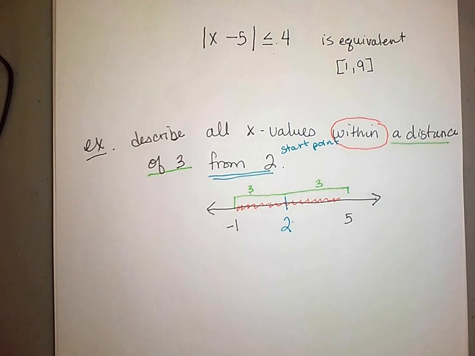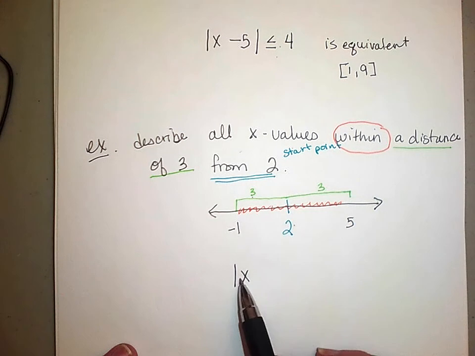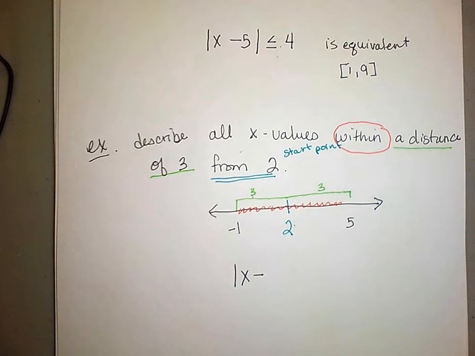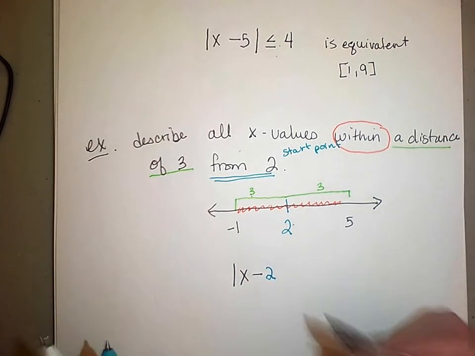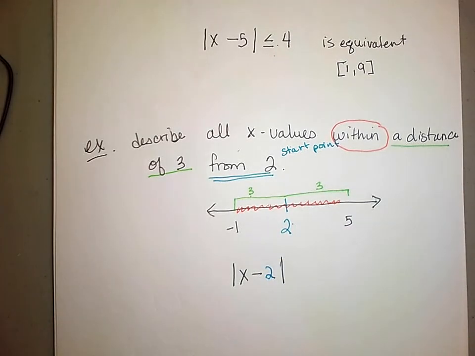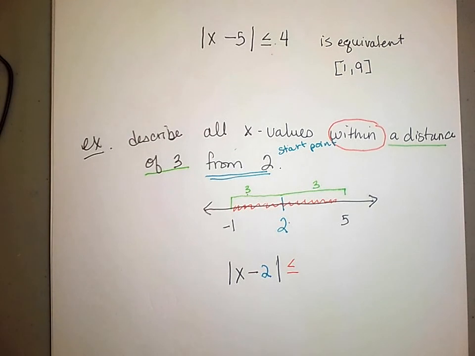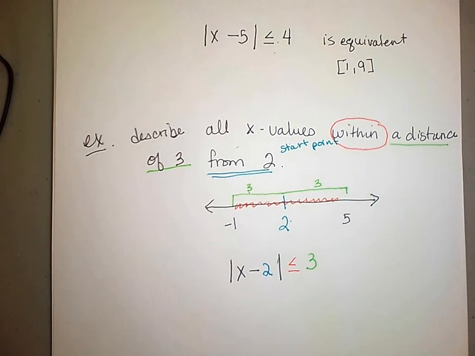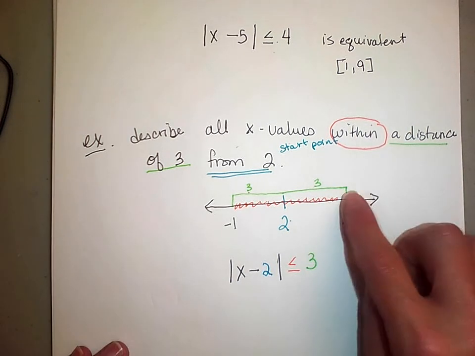Now, they've said within, so now I know that within this distance falls here. So I could write this as this all x values, so we'll put in x, from our starting point, which is, we started at 2. Okay. We want that to be less than or within. So within means less than or equal to, and the distance was 3.